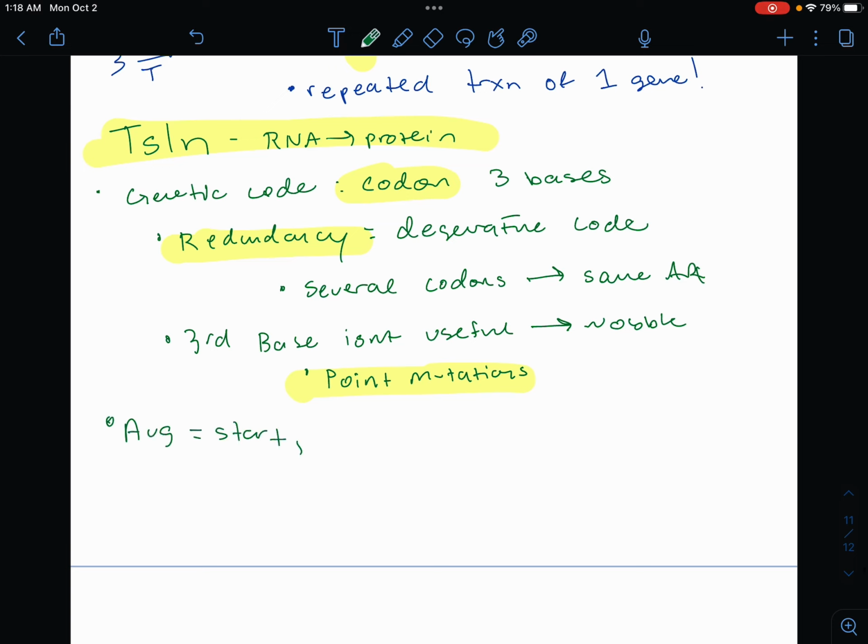I always forget the stop codon, so there's also a stop, but I can't just remember it right now. This is at the end of the region to be translated, the TSLN region. Alrighty. The binding site for the ribosome is going to be upstream.